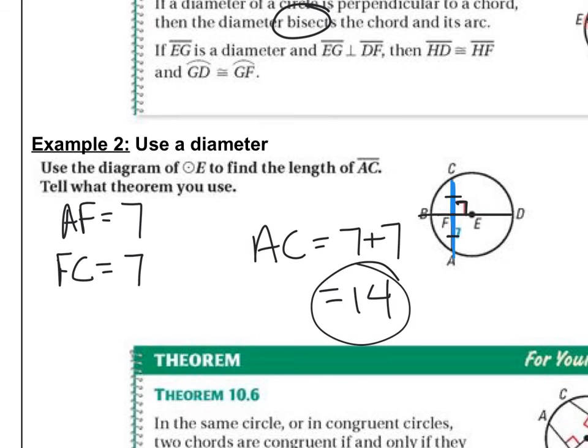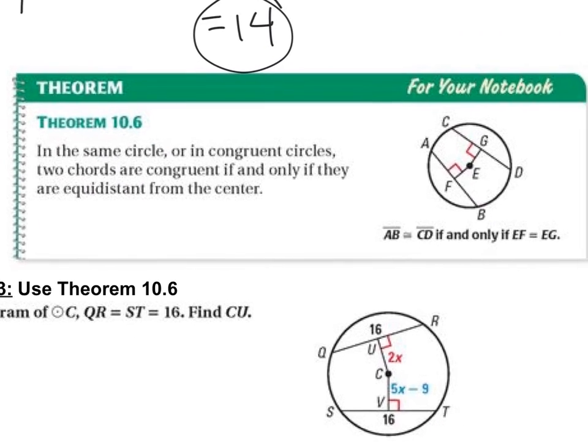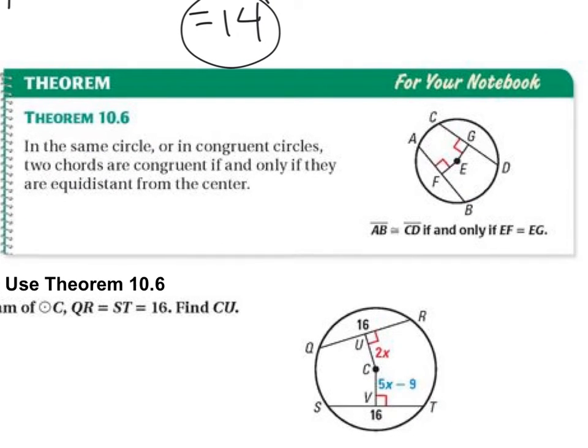Okay. Last theorem here, Theorem 10.6. If you've noticed, we've talked a lot of theorems, so I encourage you, make sure you understand what the theorems are saying. Don't just breeze over it. So in the same circle or congruent circles, two chords are congruent if and only if they are equidistant from the center.